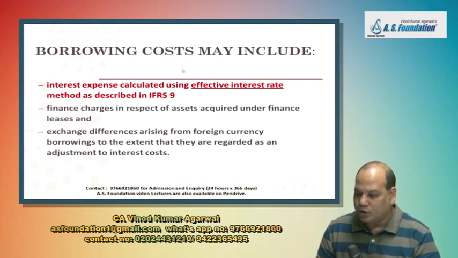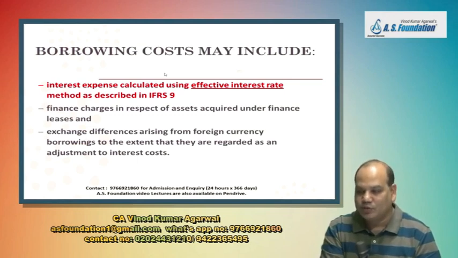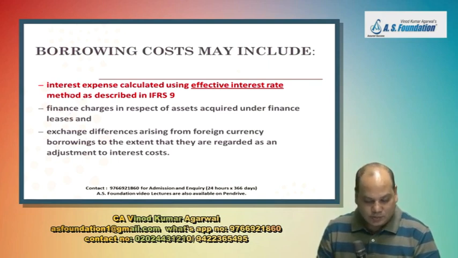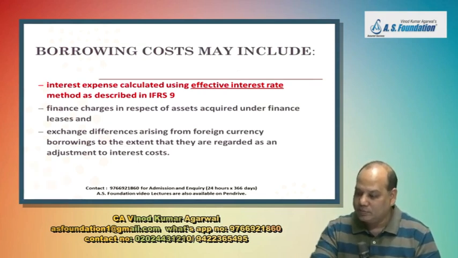Now, what are the borrowing cost as per IAS 23? As per IAS 23, there are three items to be included in borrowing cost. Three items only. Keep in mind. Interest expense calculated using effective interest rate method. Now, what do you mean by effective interest rate?